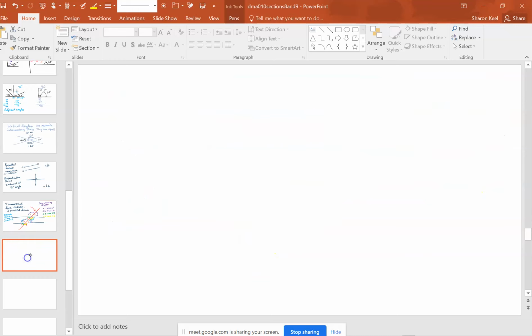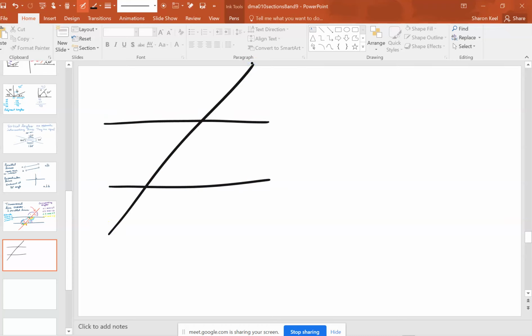So let me give you a scenario here where we have two parallel lines, and this is what you'll see on page 1-52. Go to page 1-52. You have parallel lines with a transversal, and they label the chart, and they're going to actually give you a physical chart to fill in.